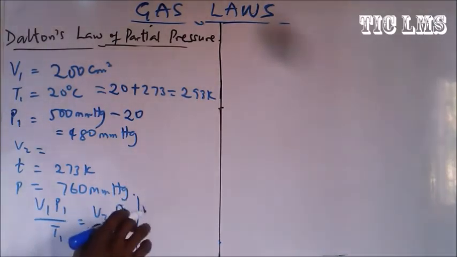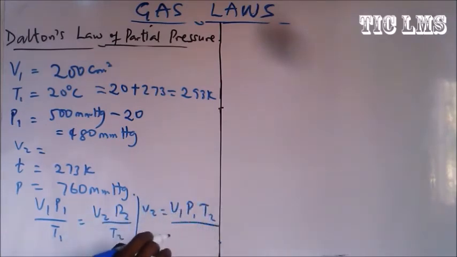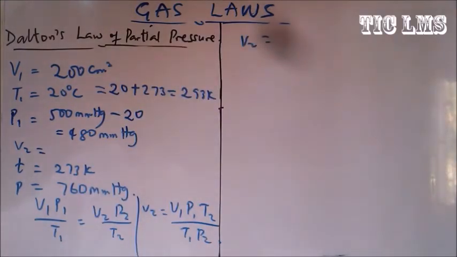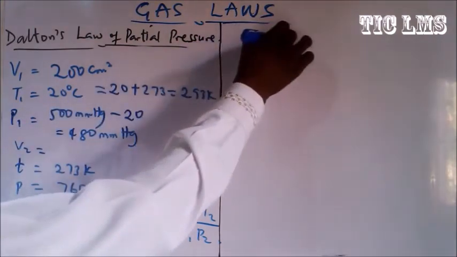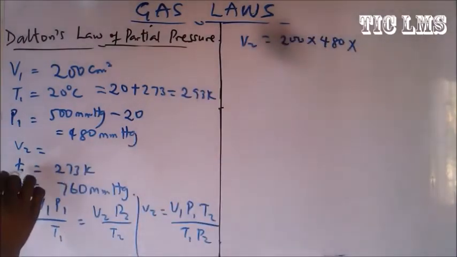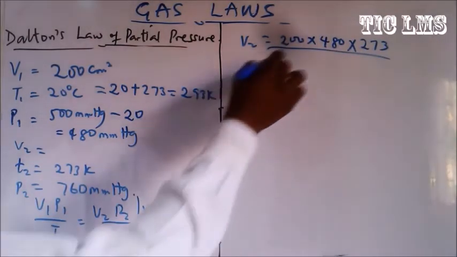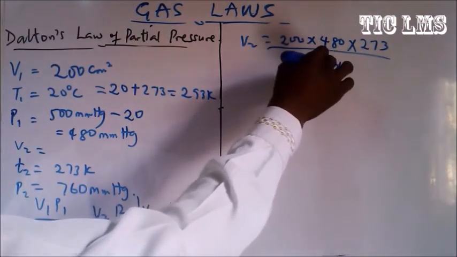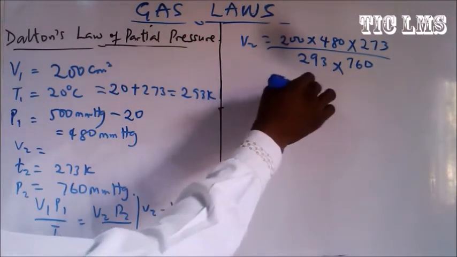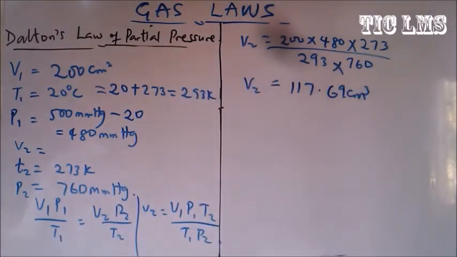So if we make V2 the subject, we have V2 equal to V1 P1 T2 over T1 P2. Next, we will now substitute our values into this. V1 is 200, our P1 is 480, and our T2 is 273, divided by T1, which is 293, multiplied by our P2, which is 760. When we multiply this out, we will have 117.69 centimeter cubed as the new volume.